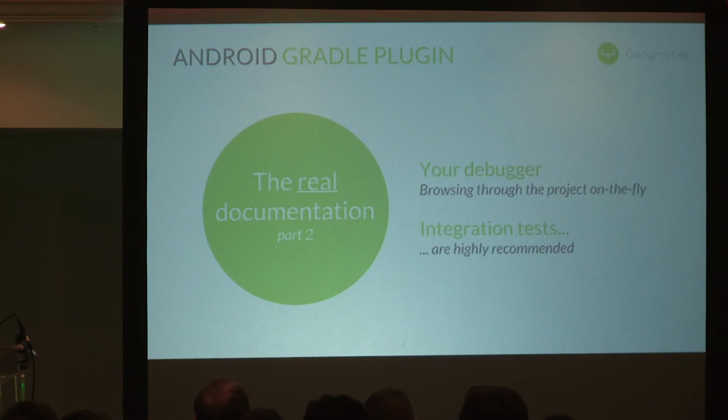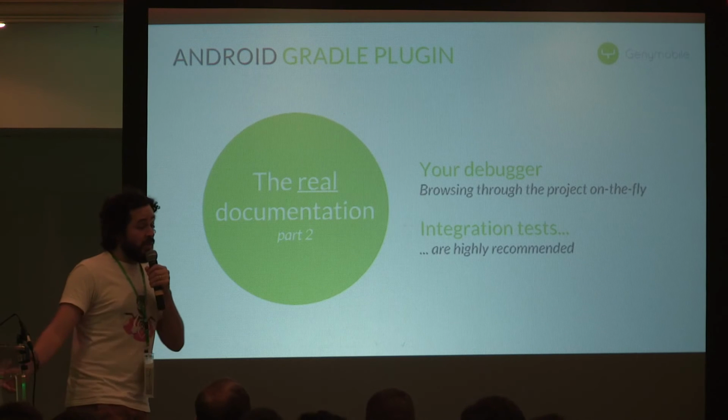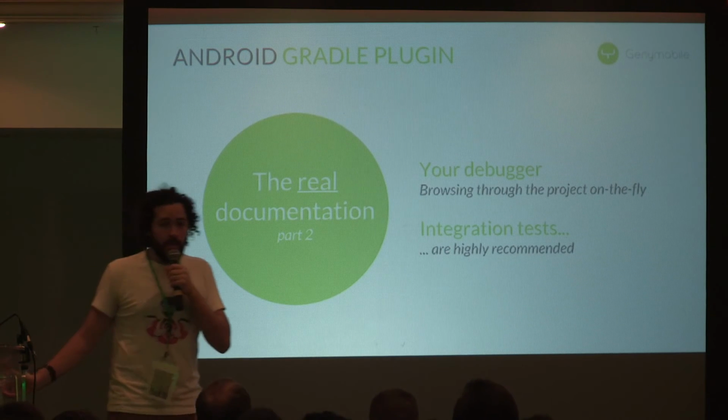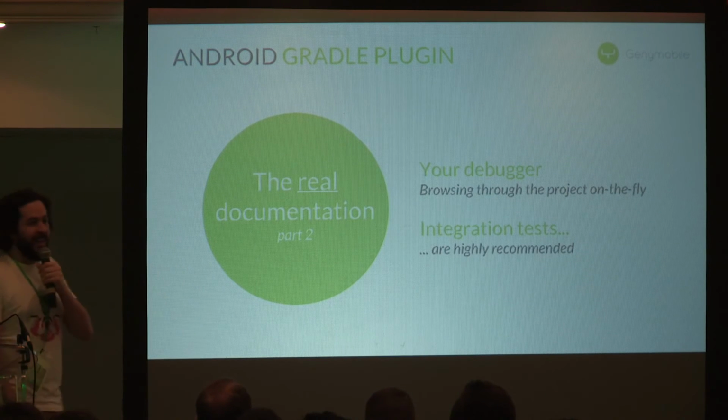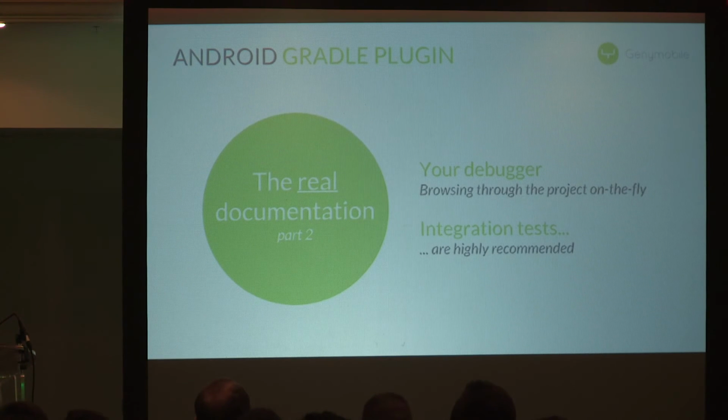But that's not the only documentation you can have. There is a very, very interesting documentation: your debugger. You can find many things, and we will see together how we can use our debugger to get the real information, because the documentation is not good.